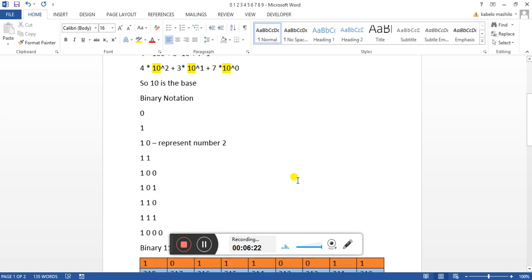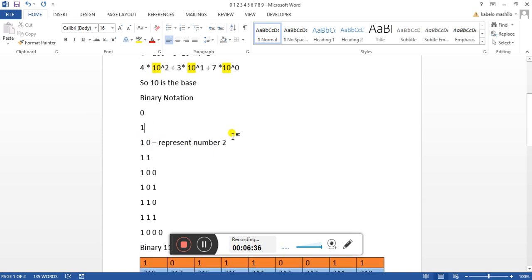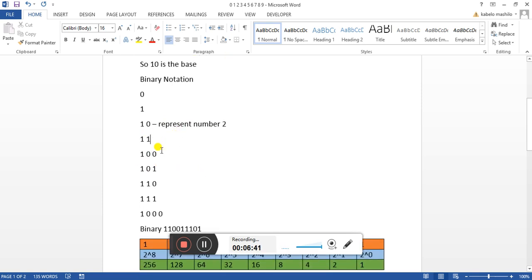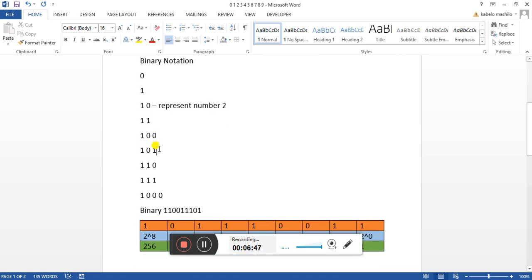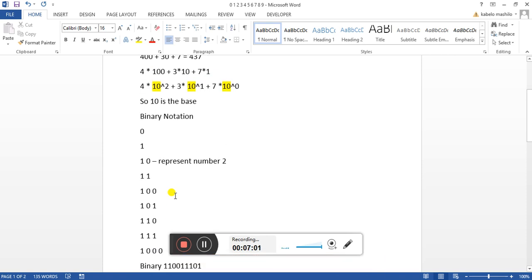So from 0 we've got 0, and then 1 represents 1, then 1 0 represents number 2, and then 1 1 represents number 3, and then 1 0 0 represents number 4, and then 1 0 1 represents number 5, 1 1 0 represents number 6, and then 1 1 1 represents number 7, and then 1 0 0 0 represents number 8. We'll continue further as we go through our learner guide.